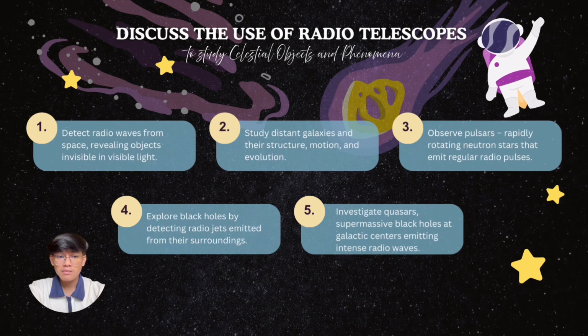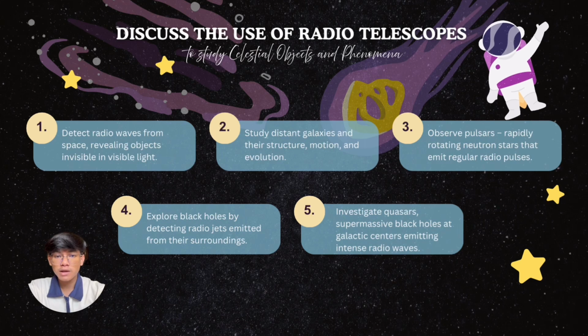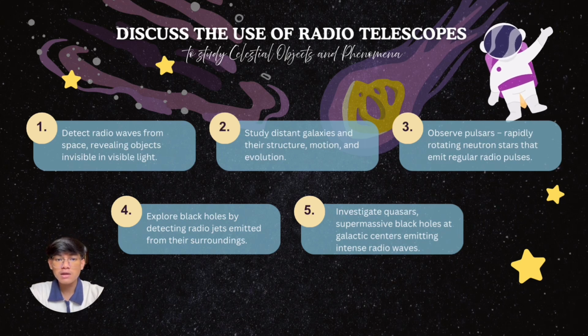The second one is we use them to study distant galaxies, understanding their structure, movement, and evolution over time. The third one is pulsars, spinning neutron stars that send out regular radio pulses. Radio telescopes help us track and study this unique cosmic clock.